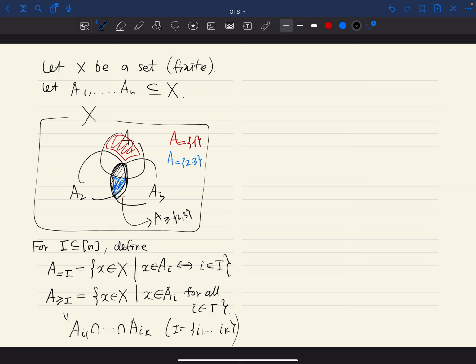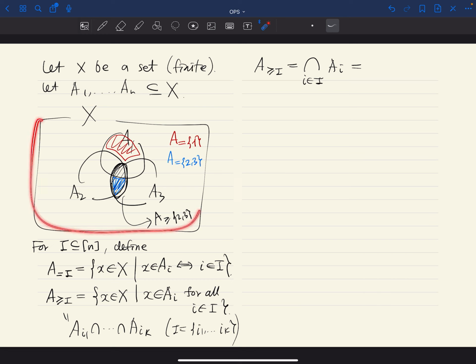Is the meaning clear? Okay. Like I said, this can be written in this way. I think I made a mistake in the lecture note. You take all the intersections, and think of this as some kind of property.